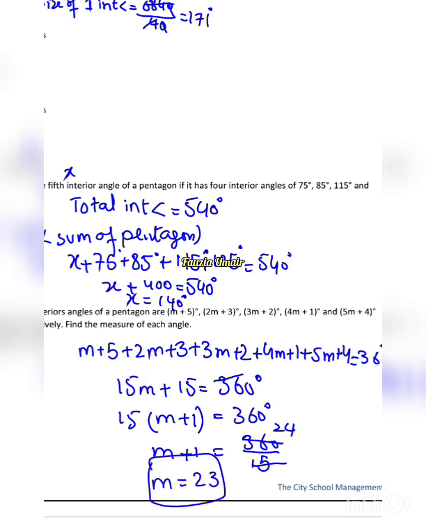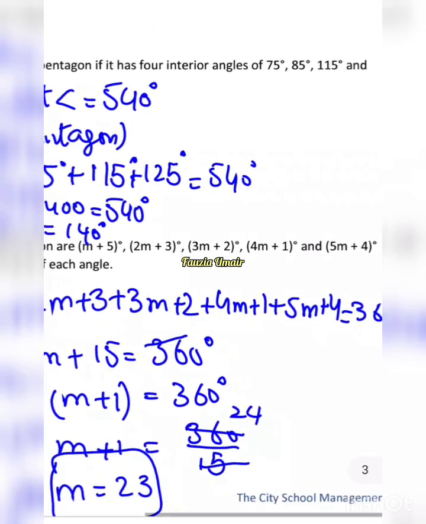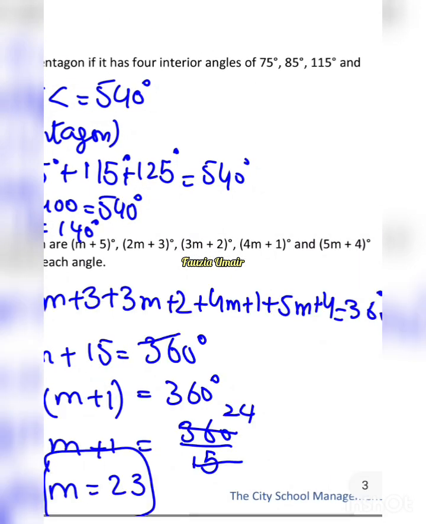Now, the question is not finding m, the question is that you need to find each exterior angle. So if I want to calculate each exterior angle, when m is 23, I can say m plus 5 would be, so this angle will become, I'm changing color so that you can see it clearly.